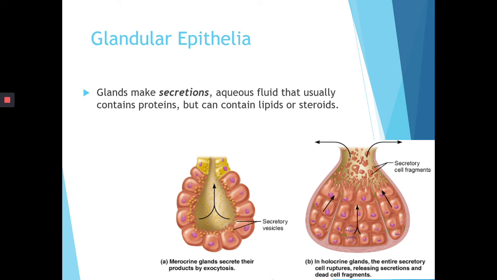Page 123 tells you that the term secretion can refer both to the gland's product and the process of making and releasing that product. So making and releasing the actual solution can be considered secretion, or again, it can refer to the product itself, the actual secretion.